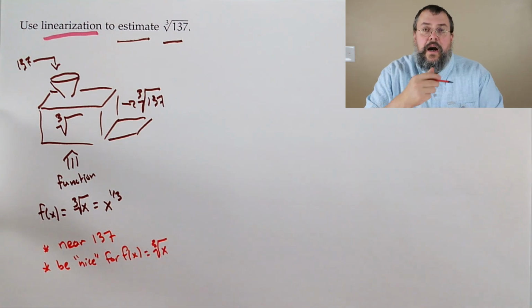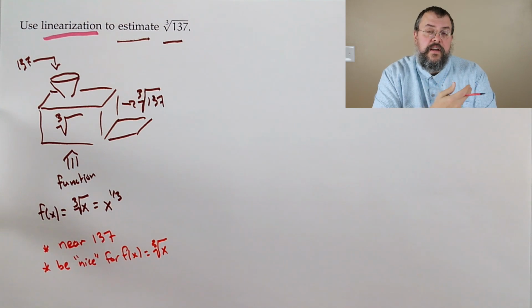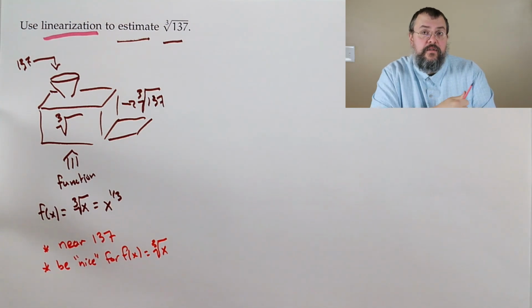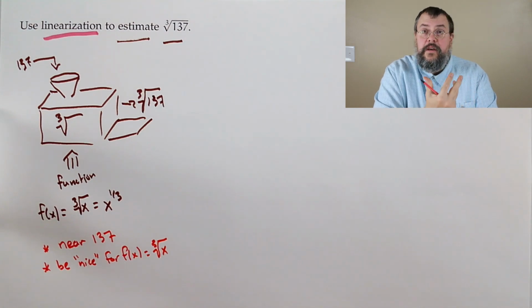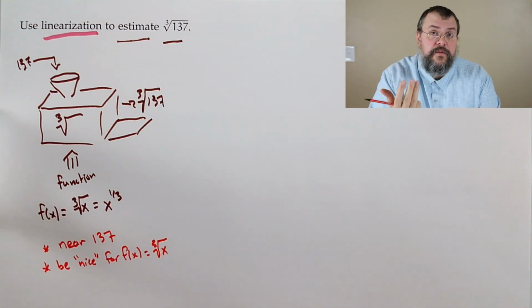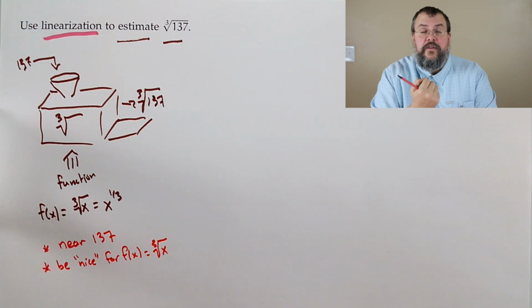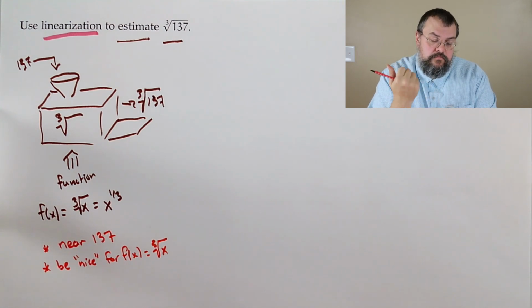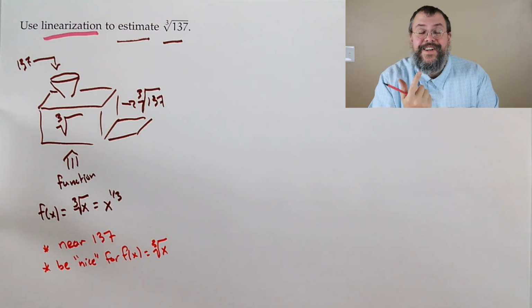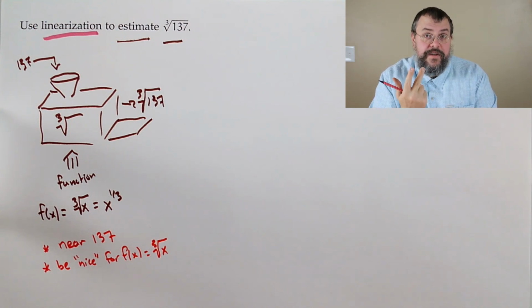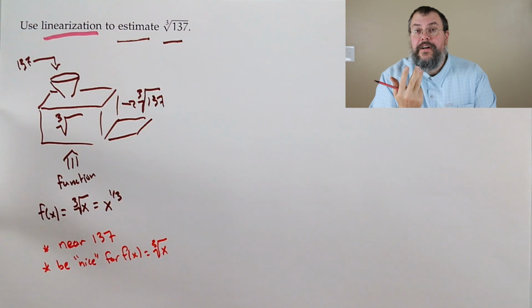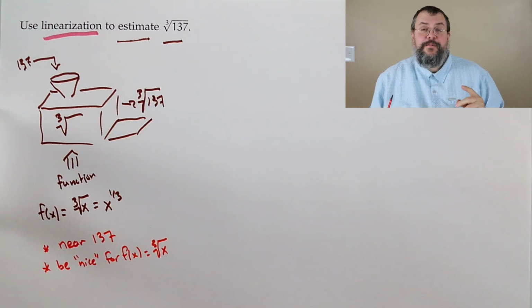So how do we find a number that's nice? We're looking for a number whose cube root has a really clean answer. Ideally we should have a number that really is a cube of something. So we think of our cubes: 1 cubed is 1, that's not even close. 2 cubed is 8. 3 cubed is 27. 4 cubed is 64. 5 cubed, now there's an interesting one. 5 cubed is 125.